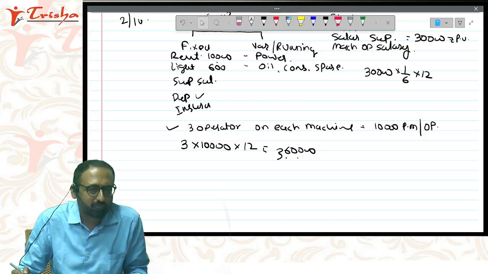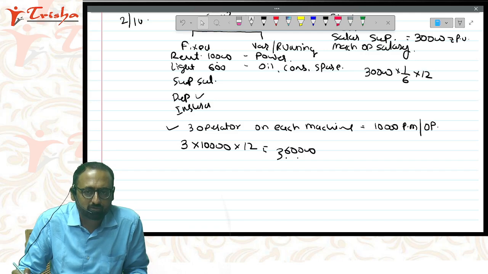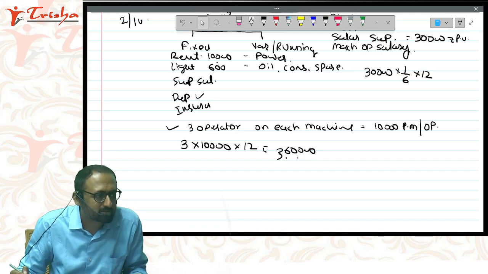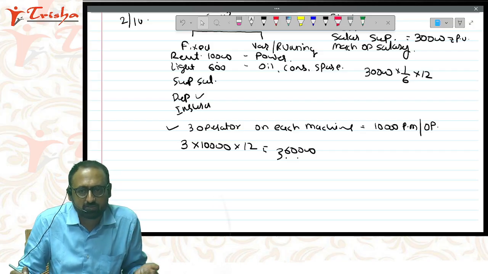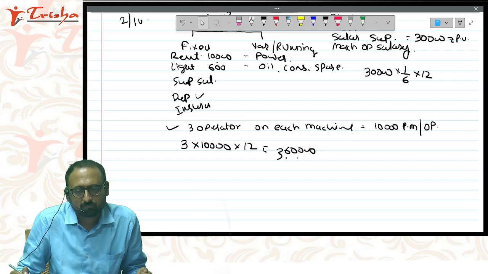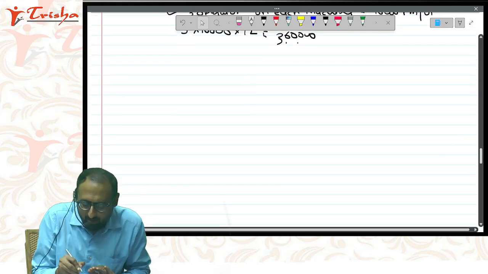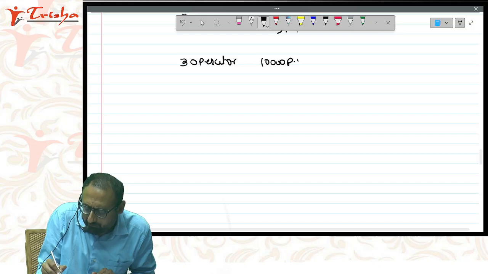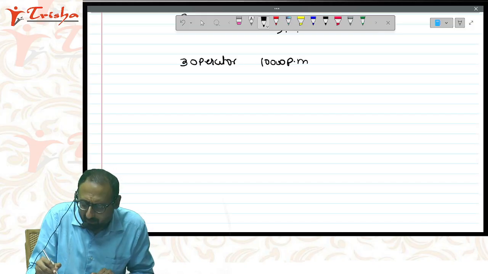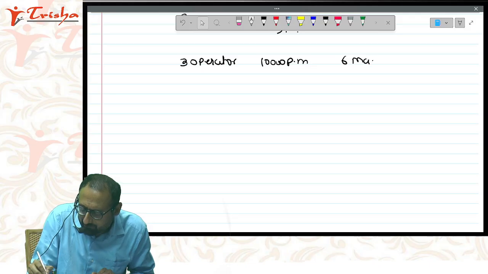But what if it is given in the question that 3 operators manage all the machines? Or I'll change it. There are 3 operators. Salary is 10,000 per month each. 3 operators operate 6 machines.